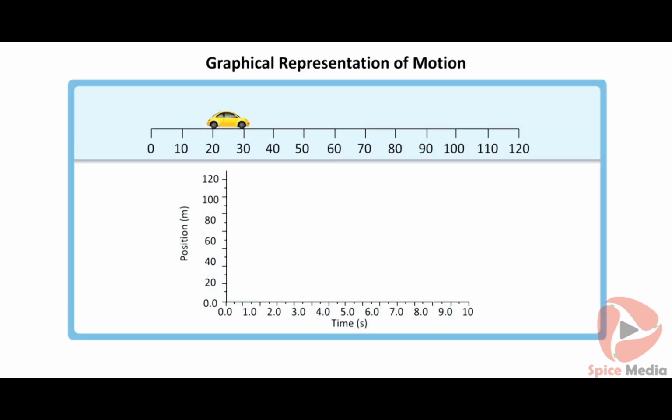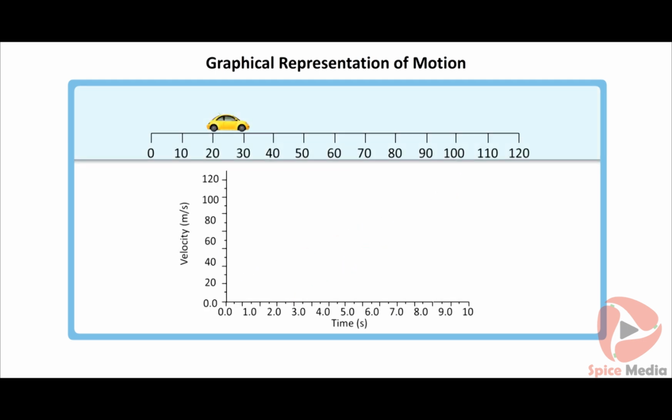How to represent the motion of a vehicle by a graph? A graph between distance and time helps in the study of a body moving with uniform and non-uniform speed and a body at rest. This graph helps us to describe the nature of motion of a body, find the position of the body at an intermediate time, and calculate speed of a moving body.